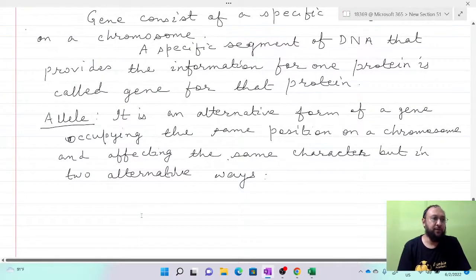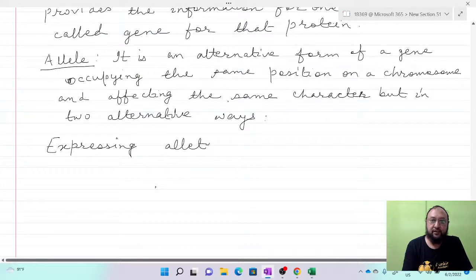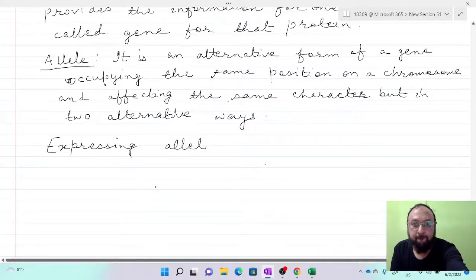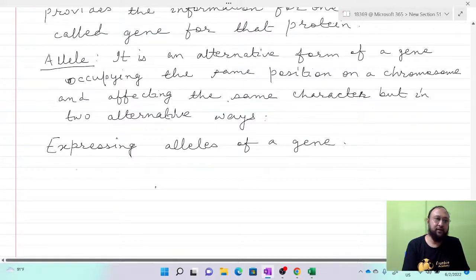Okay. Now we write this also: expressing alleles of a gene. So that means homozygous dominant.